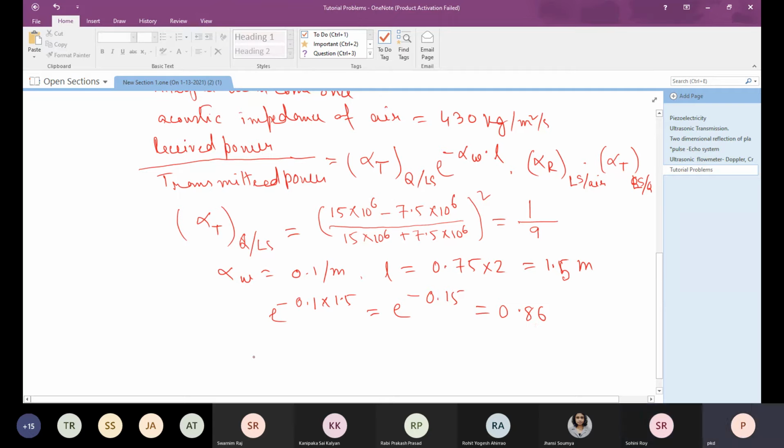All right. So then we have the fraction of power, which is 1 by 9 into 0.86 into 1, approximately 1, into, again, 1 by 9.